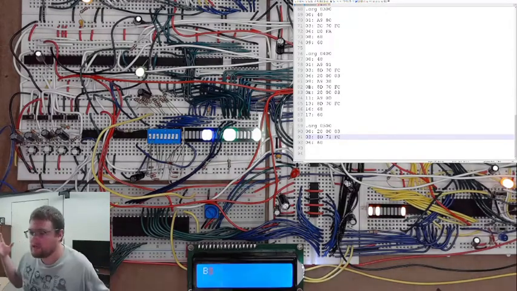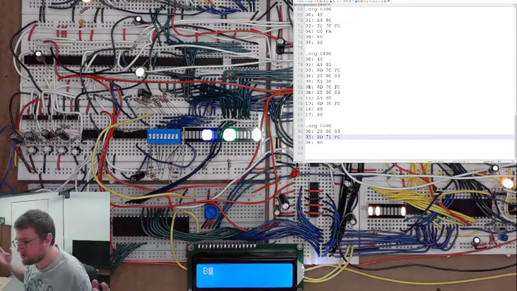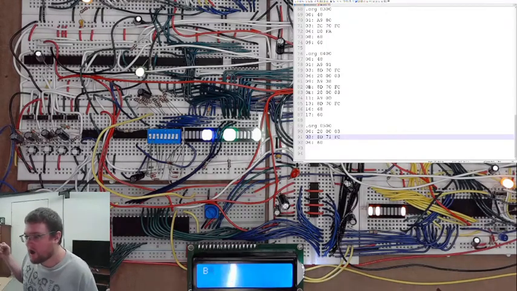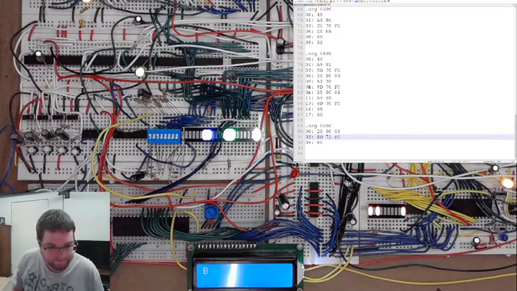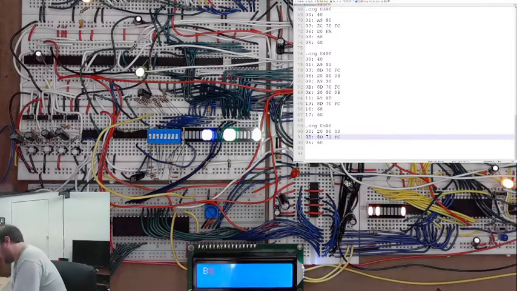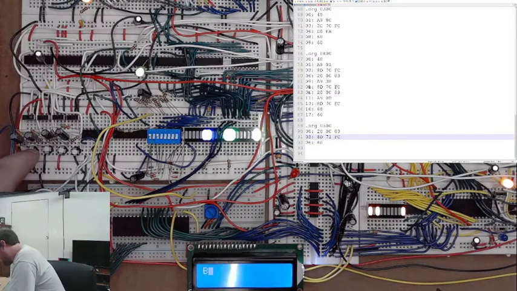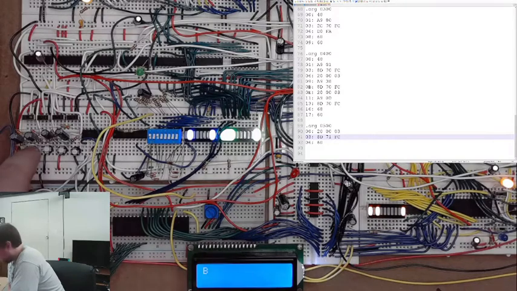We have a B. The code worked. Oh my word. Okay, and now we should be returning. Where are we?